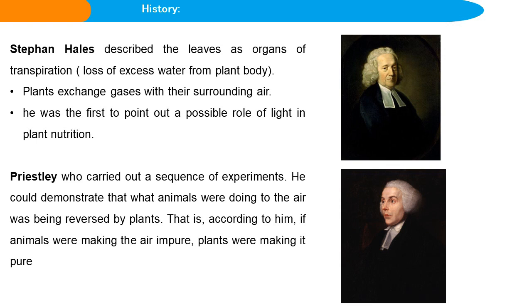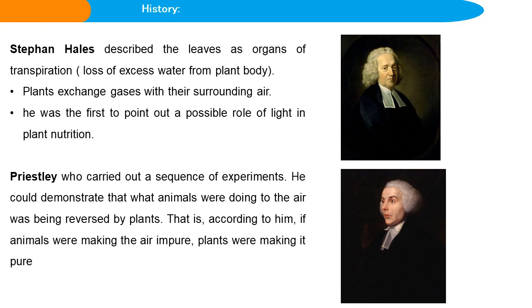He said that plants exchange gases with their surrounding air. In our respiration, we utilize oxygen and release carbon dioxide. Plants also, for respiration, utilize oxygen and release carbon dioxide. But for photosynthesis, that means for preparing food, they utilize carbon dioxide and release oxygen.